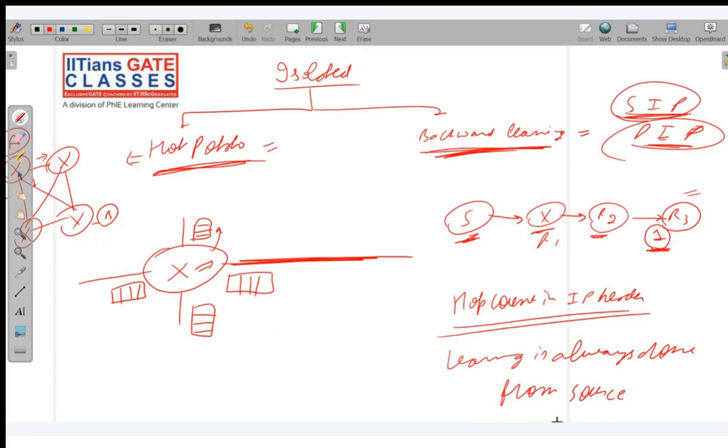Anyhow, I am not going into that much detail; this is much more extra than what I have told you. You should know only this fact, that backward learning is a type of isolated routing. Why are we calling them isolated? If you say that this person is isolated, that means this person has very high ego. He is not ready to learn from neighbors, and the neighbors have just isolated him.